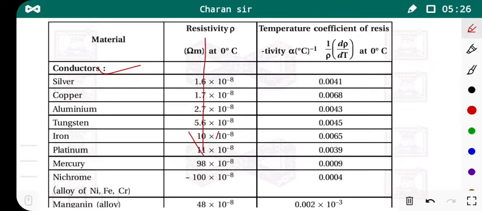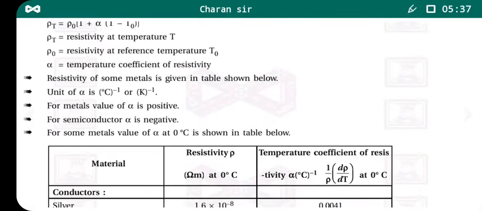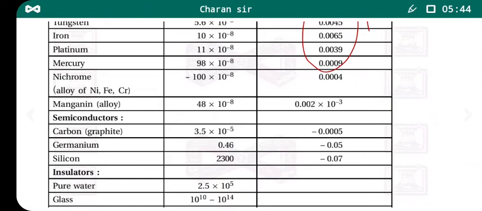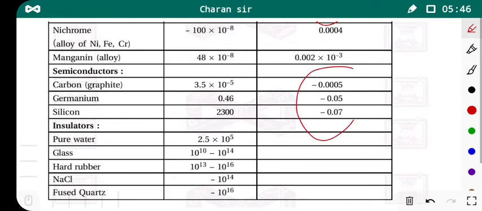This column is resistivity and this one is the temperature coefficient of resistivity. From the table you can see that the temperature coefficient for conductors is a positive value, but the temperature coefficient for semiconductors is a negative value.